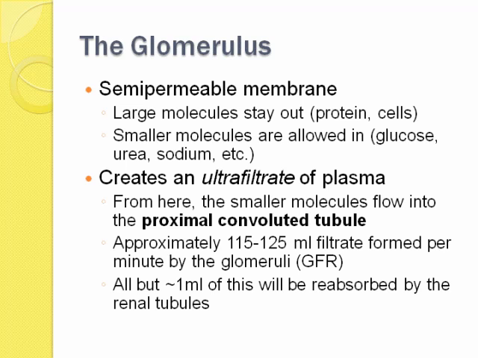There are literally millions of nephrons found in each kidney, so they're all reabsorbing and acting as a semi-permeable membrane for the filtration of serum or plasma, and all with the function of concentrating urine and creating urine.